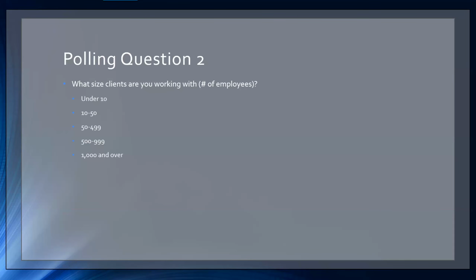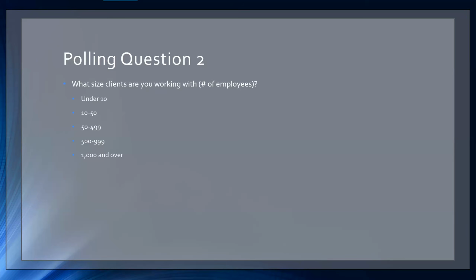So we have 60% have under 10 employees, 20% have 10 to 50 employees, 15% have 51 to 499 employees, 5% have 500 to 999, and 0% have 1,000 and over. That's great.